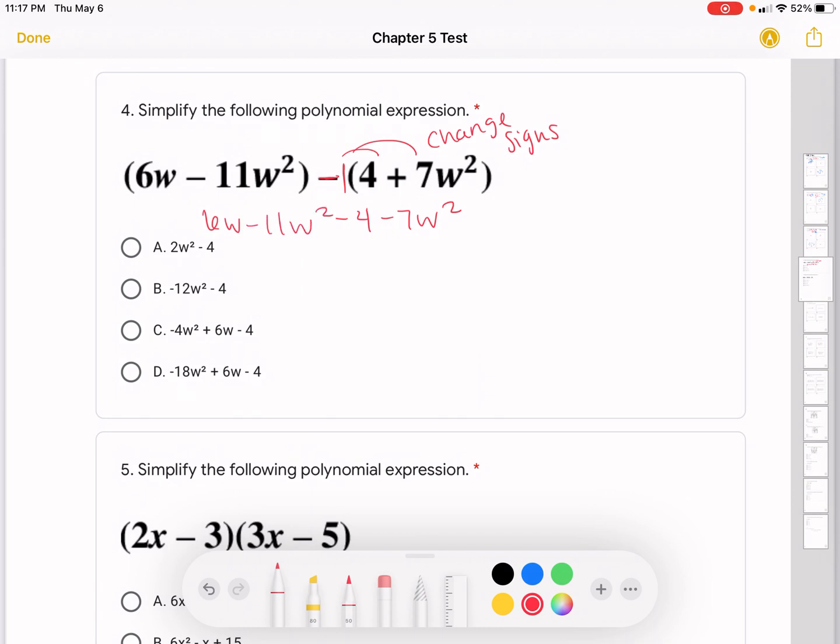From there, you combine like terms. So we could combine negative 11w squared with negative 7w squared. That'll be negative 18w squared. And then the 6w and the minus 4, we can just bring those down.